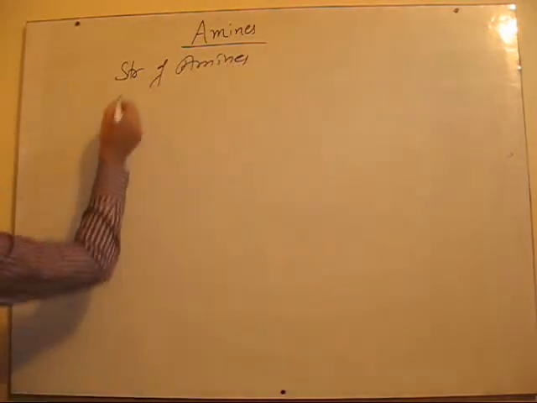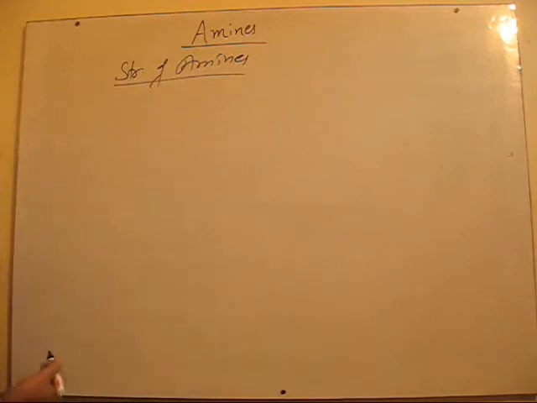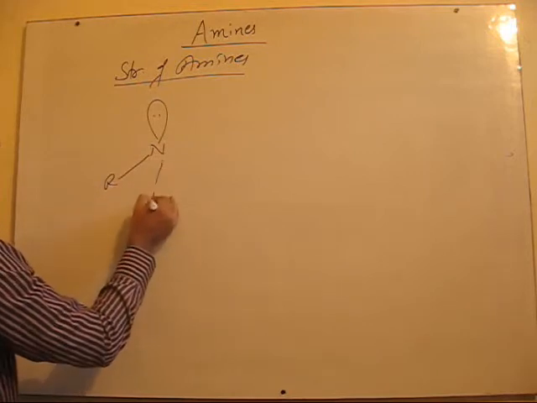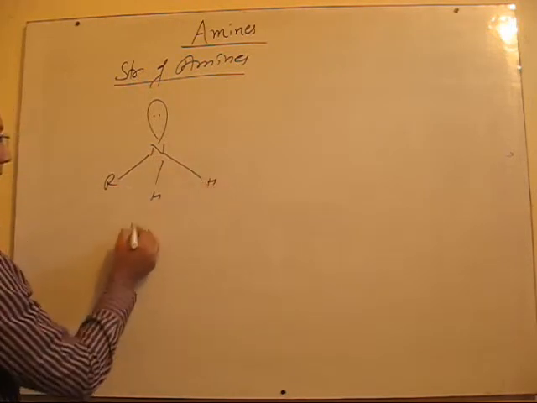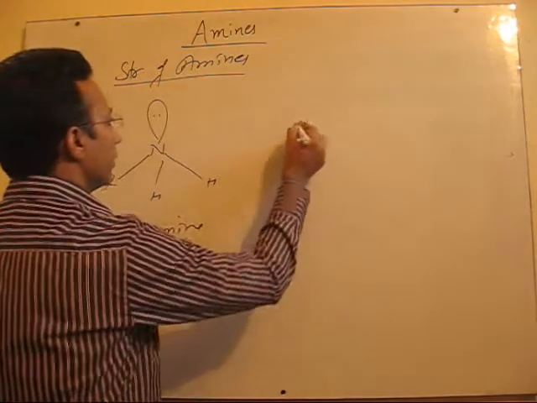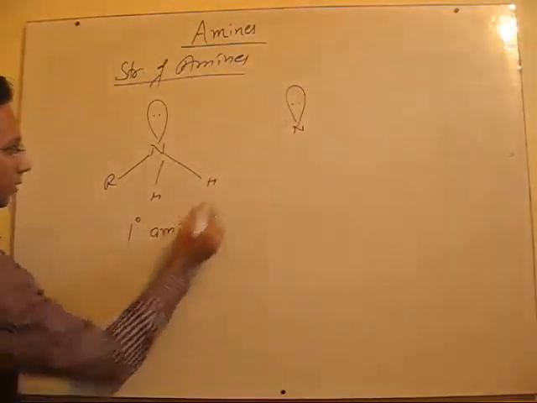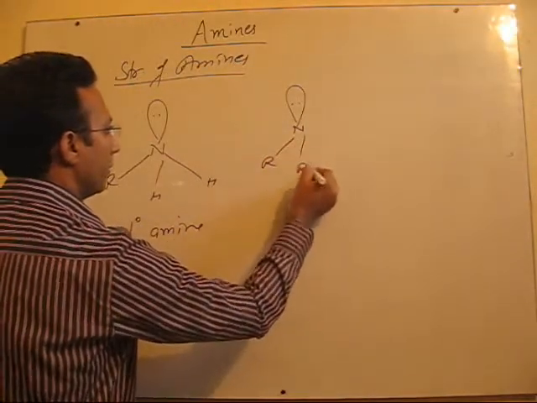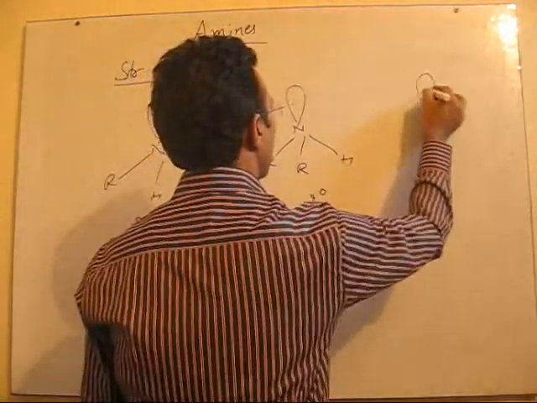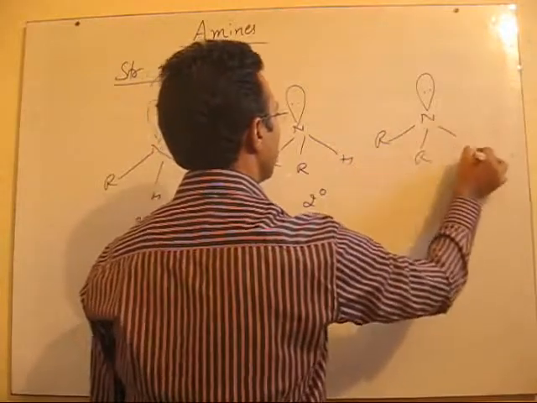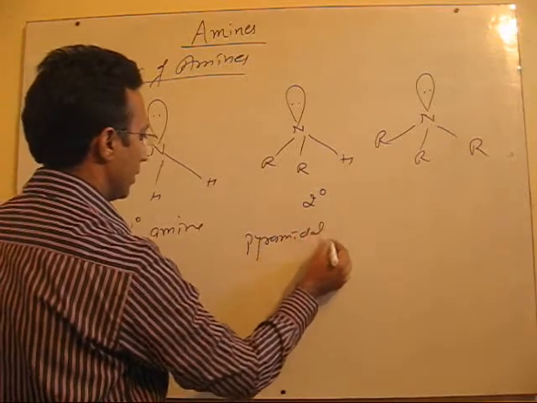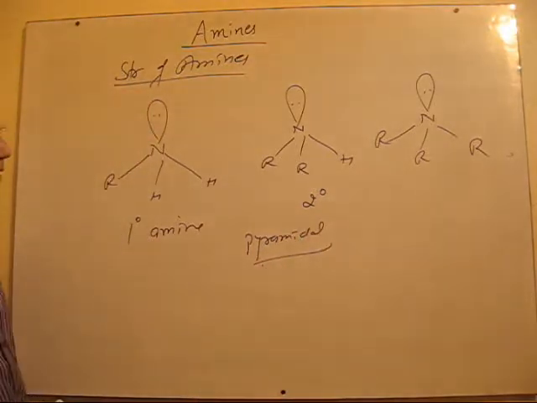As they are ammonia derivatives, their structure is just like ammonia. Suppose this is the first case I am taking, a primary amine. You see the shape of all the different amines is the same, that is pyramidal, just like the shape of ammonia.